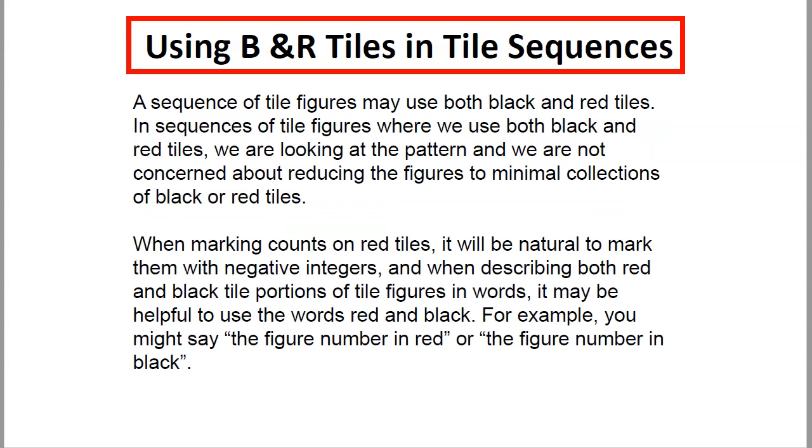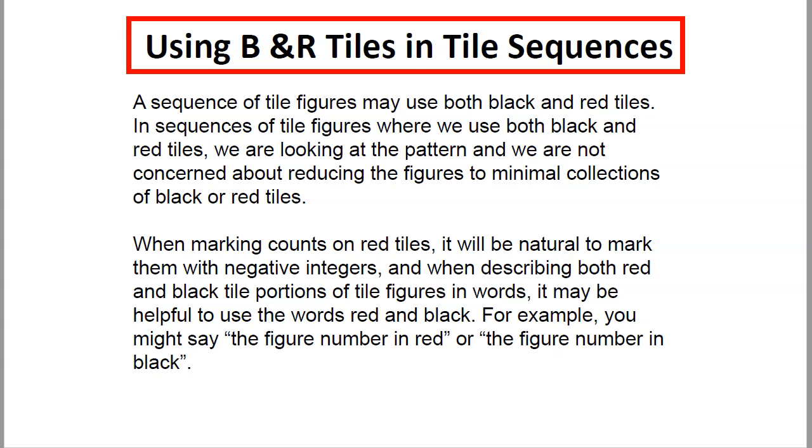How do we use black and red tiles in tile sequences? A sequence of tile figures may use both black and red tiles. In sequences of tile figures where we use both black and red tiles, we are looking at the pattern and we are not concerned about reducing the figures to minimal collections of black and red tiles. When making counts of red tiles, it will be natural to mark them with negative integers.